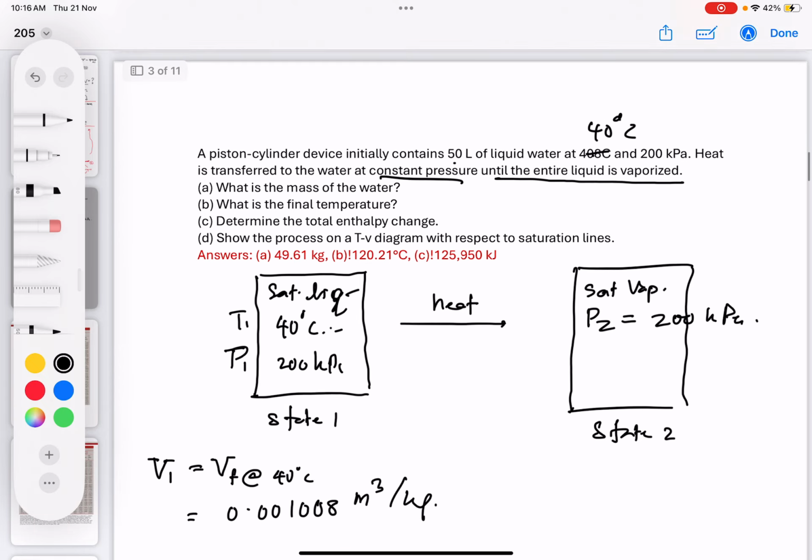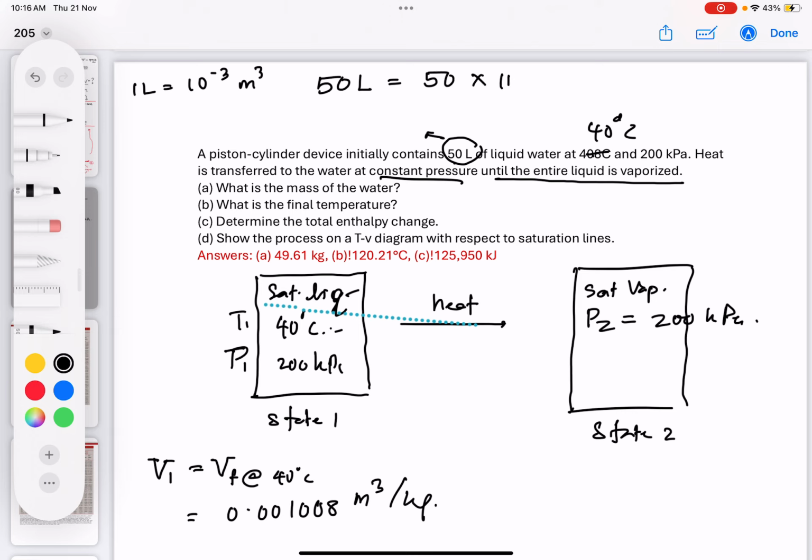And then I do know that because they give me the volume in the unit of liter, therefore I have to convert. 50 liter is actually equal to, hold on, 1 liter equals 10 to the power of negative 3 meter cubed. So this one is going to be 50 multiplied by 10 to the power of negative 3, which equals 0.05 meter cube.